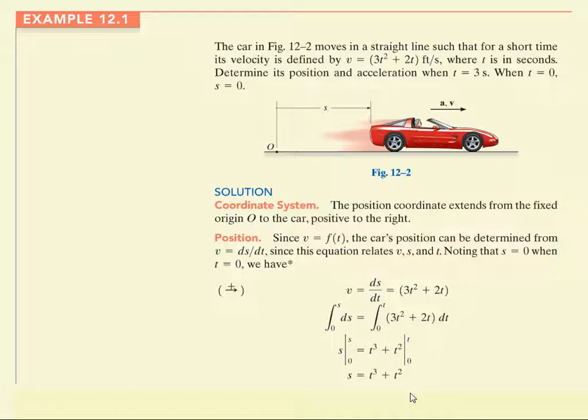You have a car, in figure 2.2, that moves in a straight line such that for a short time its velocity is defined by this function: v is equal to 3t squared plus 2t in feet per second, where t is in seconds.